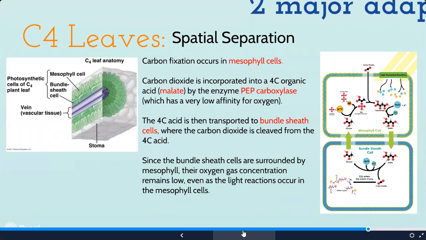But they use a 4-carbon base for this cycle, and so it starts in the mesophyll cells, and then they transport that 4-carbon to a different cell, bundle sheath cell, where 1 carbon is cleaved or cut from the 4 carbons it was attached to. And then basically what that does is it spatially removes this cycle from where the oxygen concentrations are high. Okay, so there's like an extra step, and then it finishes out a modified Calvin cycle.